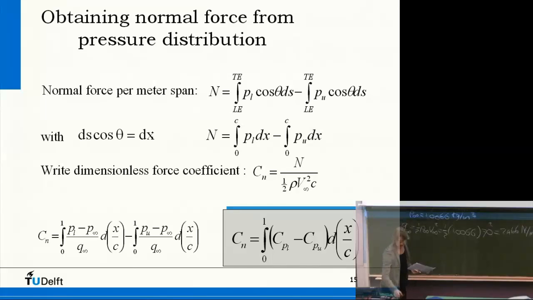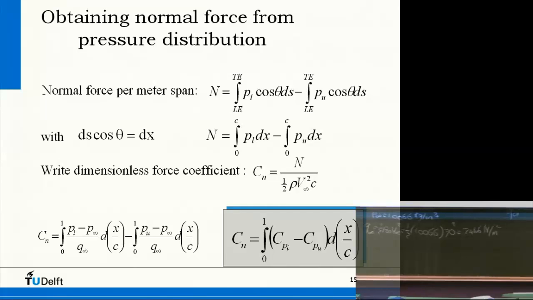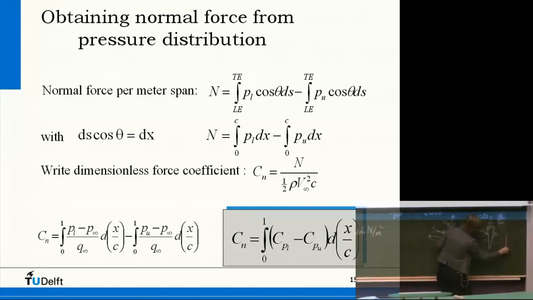Now people like to better work not with this ds, but with the dx along the chord. And then you can transform this one to the chord in a similar way. So in the same way that we can project the pressures, we can project the ds. So we had here the ds, right? So the long side, we project it on the chord line. Then this one is dx. We also had theta in here, the angle theta.